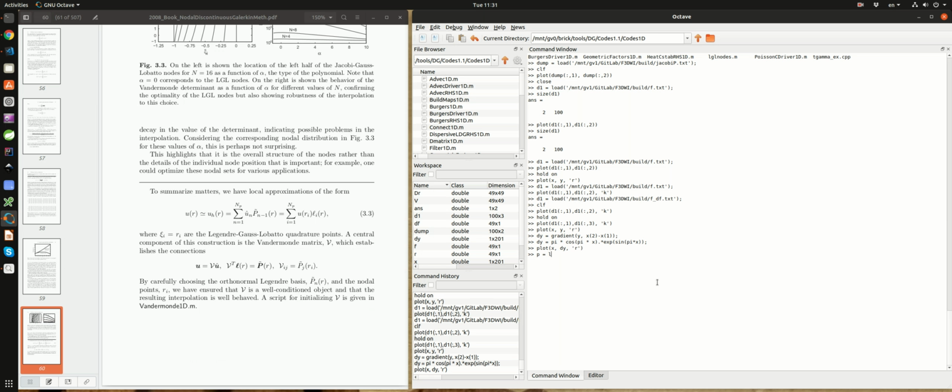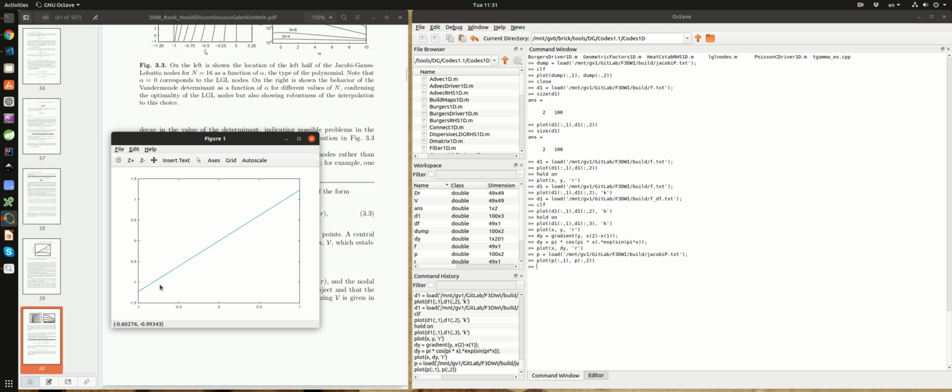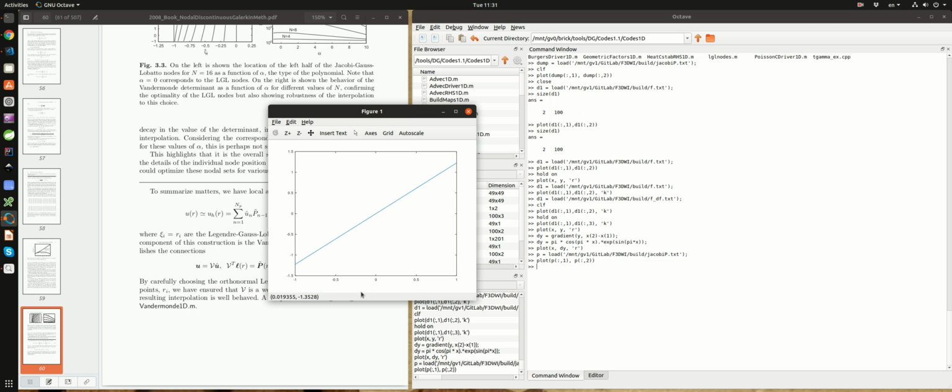P equals load jacobi poly, and then the first column and then the second column, right? Okay, so it's basically just a straight line.